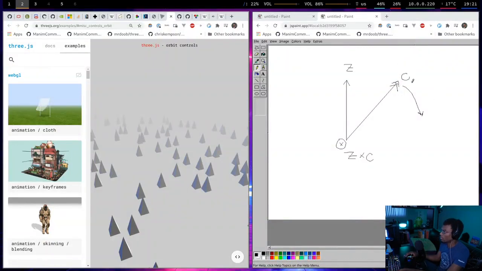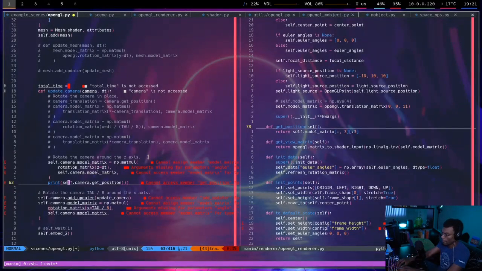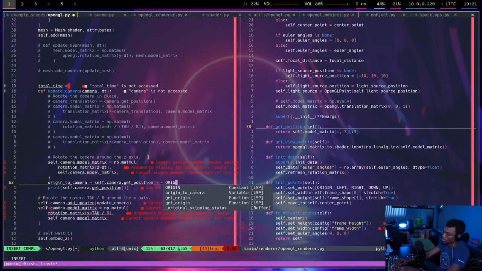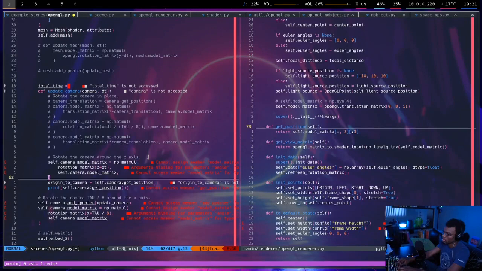I'm going to compute the vector to the camera. I'll say this is going to be camera, this minus the origin, so just this.